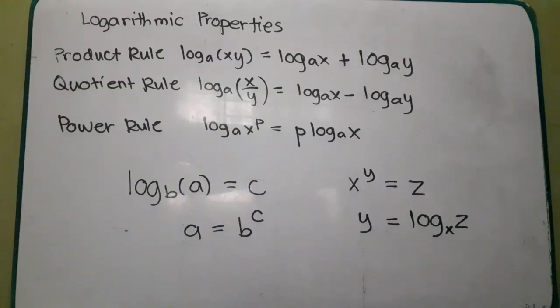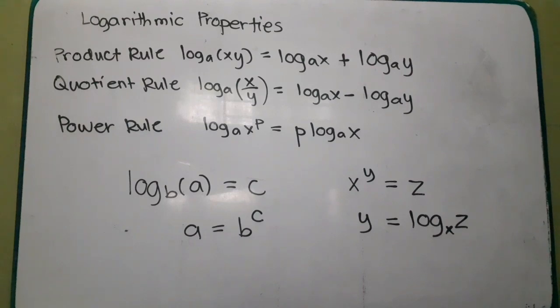So for day 3, we encountered logarithmic functions, exponential functions, logarithmic properties, and how to solve logarithmic and exponential equations. For our logarithmic properties, the first rule is the product rule. Log of x times y base a can be rewritten in the form log of x base a plus log of y base a.